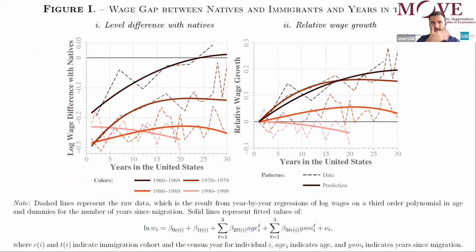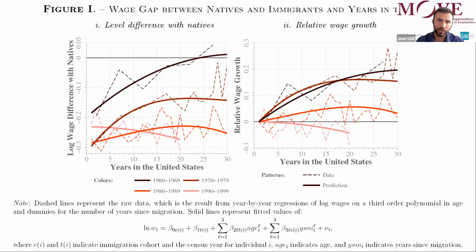So let me just start showing some facts. I mean, this is well known, at the very least for the first part. So what we observe here is precisely this type of assimilation pattern like the one I just exemplified, but this is real data. So what you have in the dashed line here is just year by year regressions, controlling for an age polynomial and putting dummies for how many years you've already been in the US. So you can call this the raw data if you want.